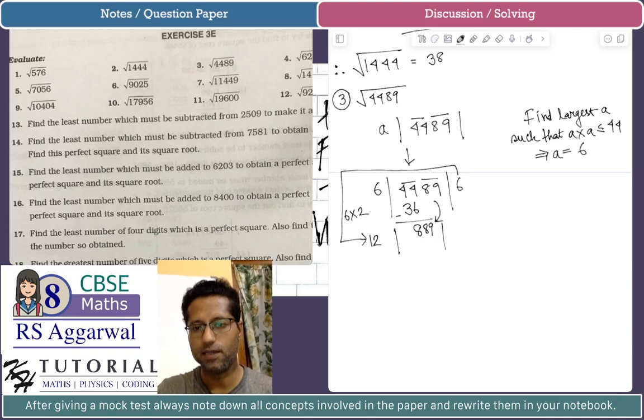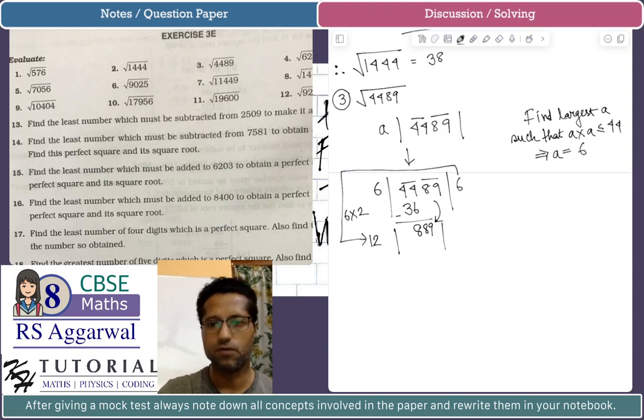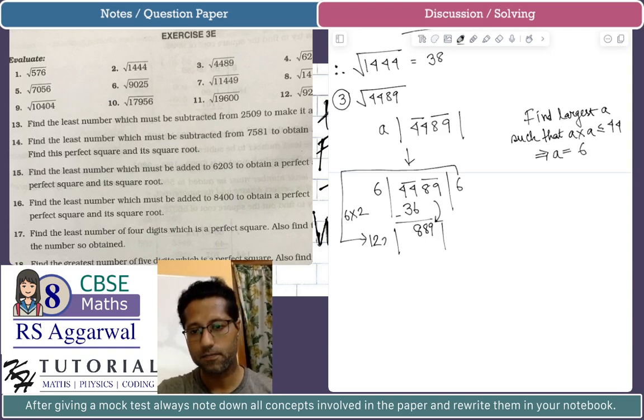We have to find, let's say I am taking another letter, because my a sometimes looks like 9, so it is confusing. So I am taking x.